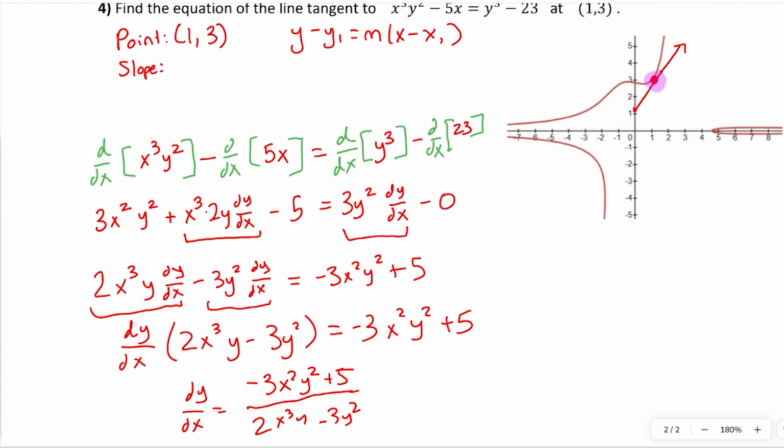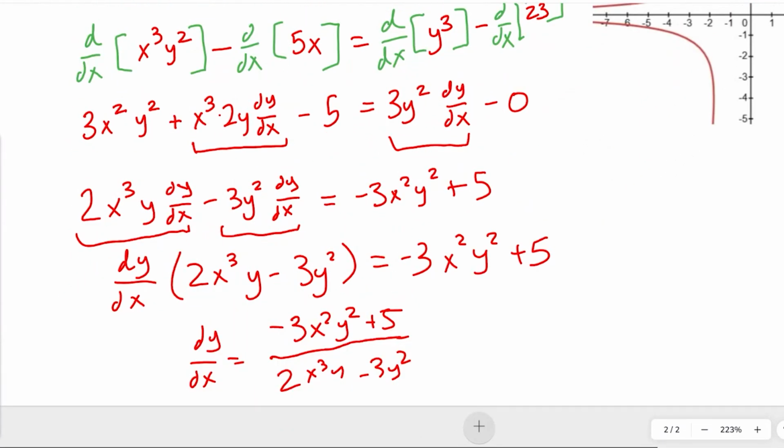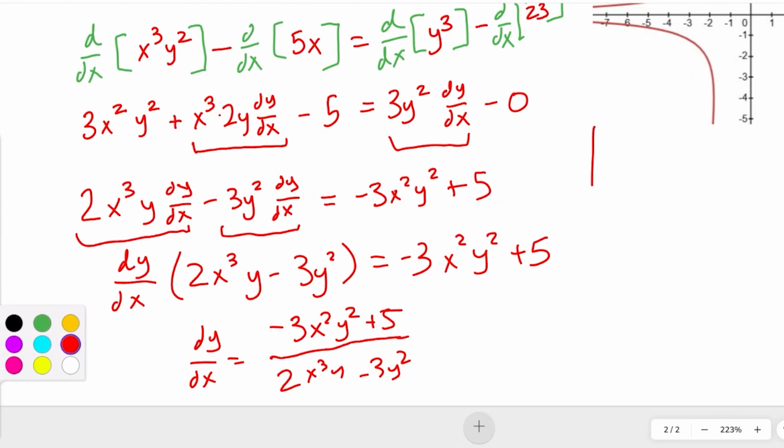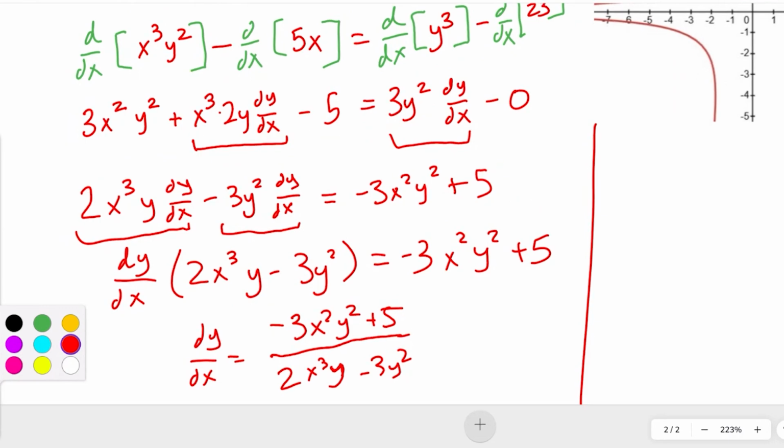But now I need to find the slope at a specific point. Now, the notation I'll use for that, I'll just block this off here. Or before I do, I want to make sure we're all caught up.